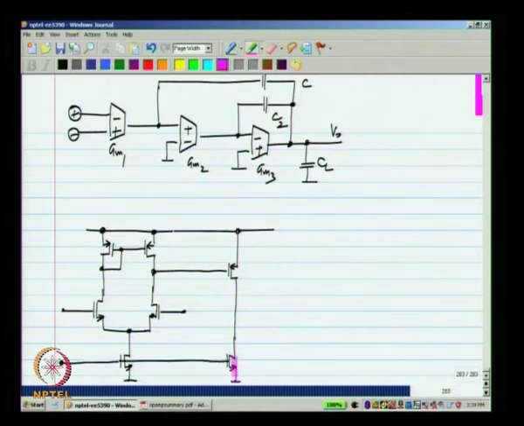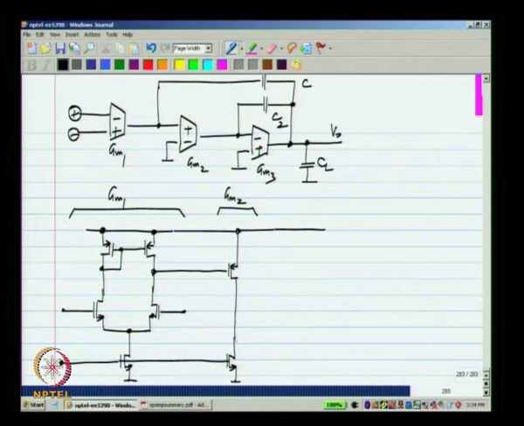Now, this forms the second stage gm2. So, this is gm1 and it is required to take the difference between two inputs and provide an output current, and gm2 is single ended in that one of its inputs is at ground, and for gm3 now we have the freedom to choose either an NMOS stage or a PMOS stage.